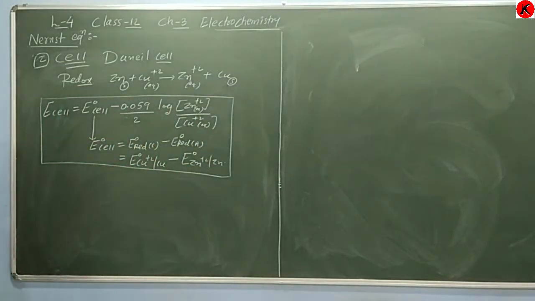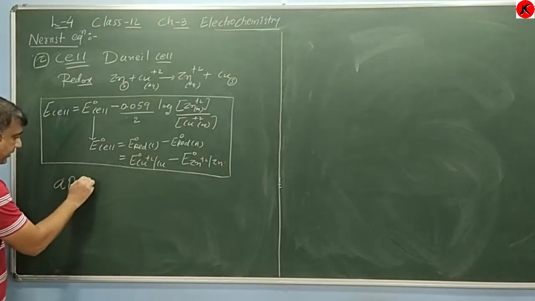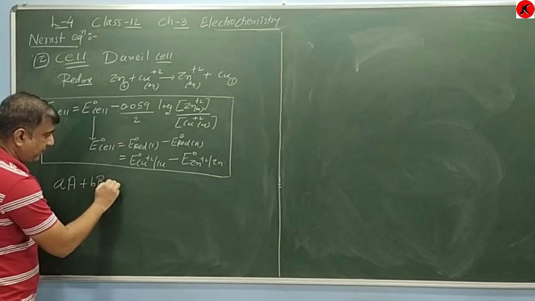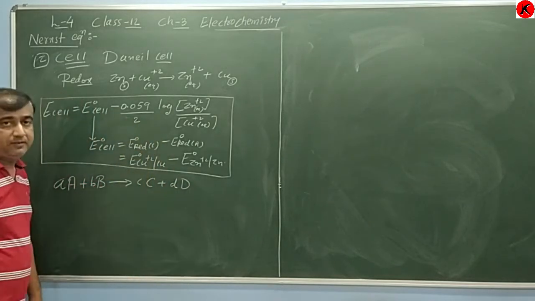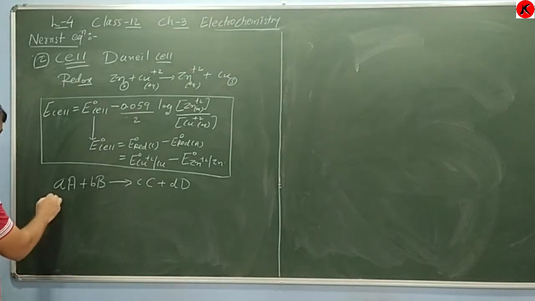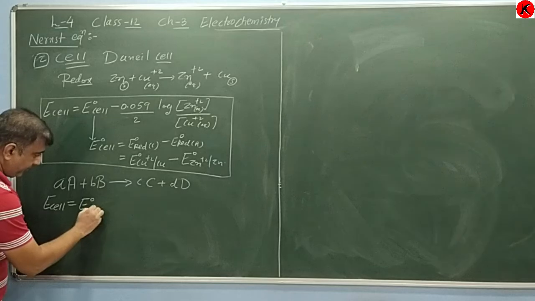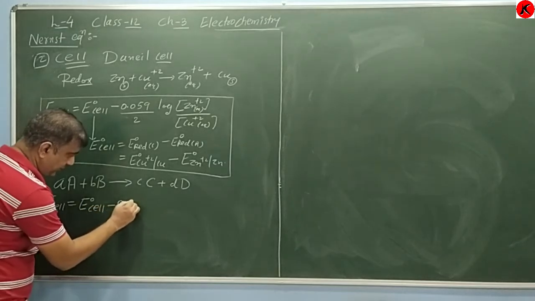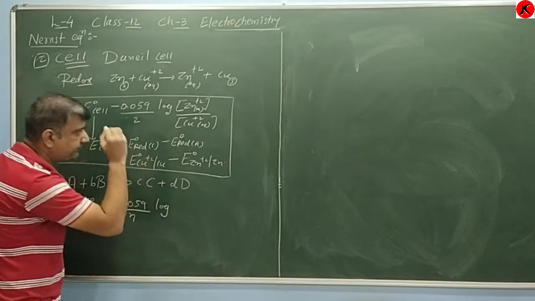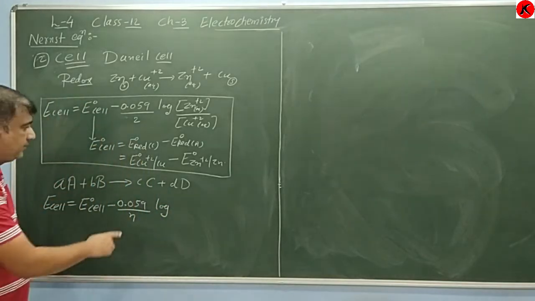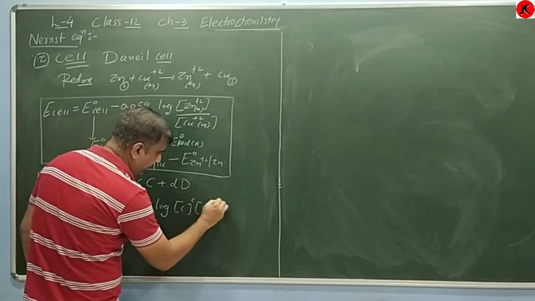for the cell. In short, suppose the reaction is a general one: aA plus bB gives cC plus dD. Then how to write the Nernst equation? E cell equal to E naught cell minus 0.059 upon n log of [C] power c into [D] power d.